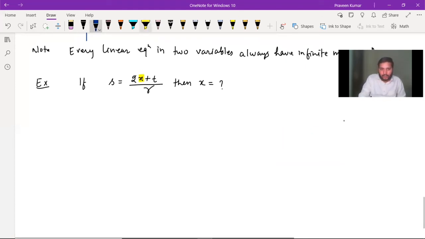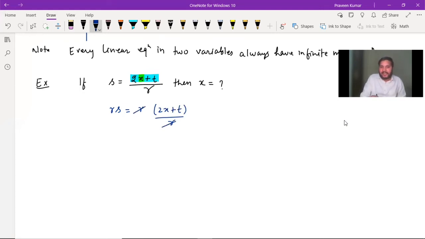This whole expression has been divided by R, so we can remove R from the denominator by multiplying both sides by R. The left hand side will become RS. The right hand side will become R times (2x plus t) divided by R, and I can get rid of this R.